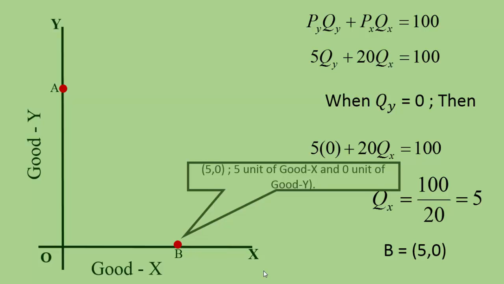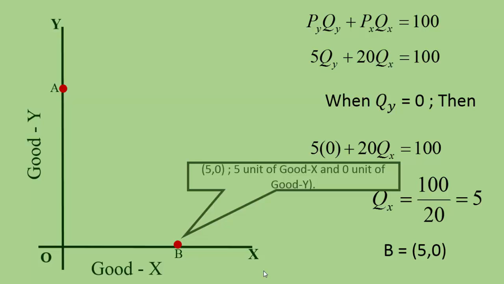Let us name it as point B. At point B, his combination consists of 5 units of good X and 0 unit of good Y. If the consumer is at point B, he has only good X and nothing of Y.